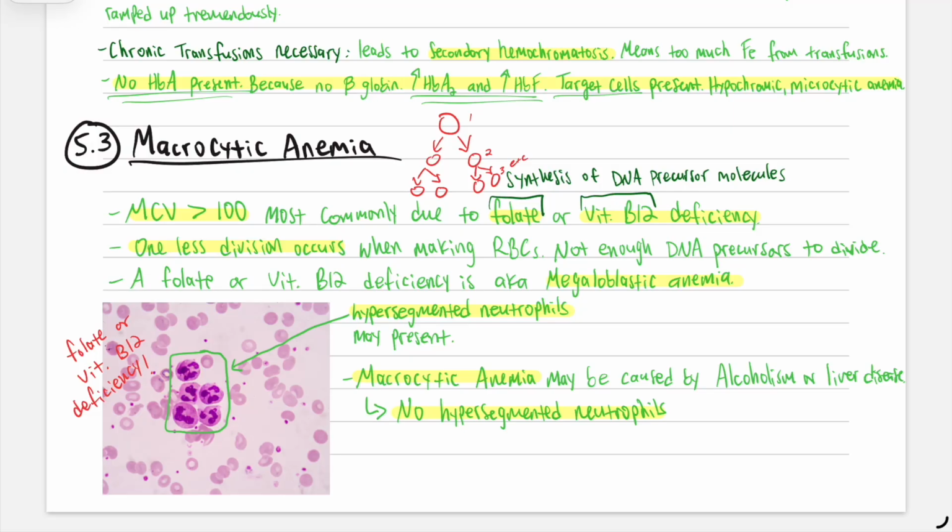And in this case, where we have megaloblastic anemia that is macrocytic, we're likely to see in a blood smear hypersegmented neutrophils. If we were looking at a simple macrocytic anemia that is not megaloblastic, we're not likely to see these hypersegmented neutrophils. This plain, I guess you can call it, macrocytic anemia is mostly caused by alcoholism or liver disease. But in this video, we're going to be going over the megaloblastic type.